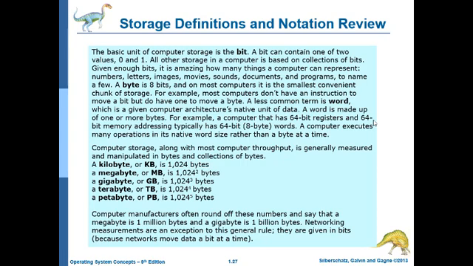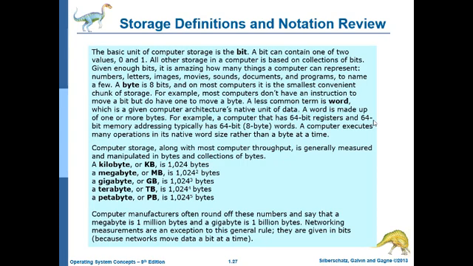The other type of storage unit is the word, which is very important these days. In the beginning it was the byte, but now people talk about the word. Why? Because the word is related to the computer architecture. For example, if you have a 16-bit computer, each word would be equal to 16 bits, which is 2 bytes.